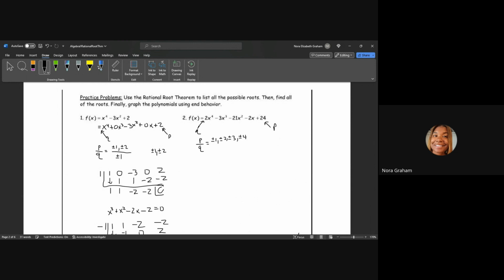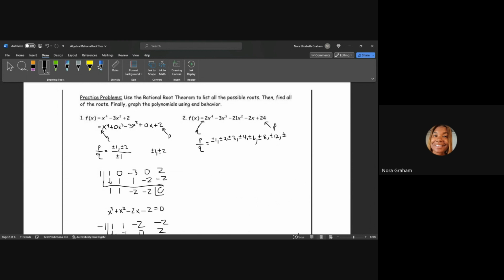Plus or minus 6 is a multiple of 24. Plus or minus 8 is a multiple of 24. Plus or minus 12 is a multiple of 24. And then plus or minus 24 is a multiple of 24.